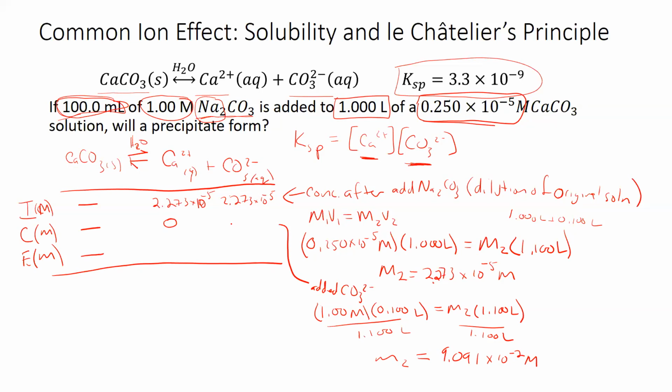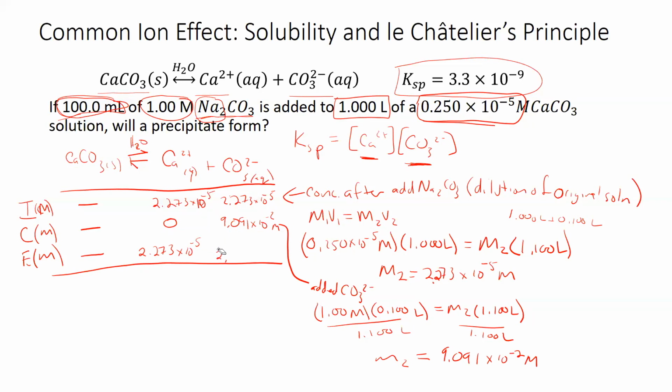molar. And so what we can do is see that we add in a concentration of 9.091 times 10 to the -2 molar carbonate when we add in this 100 milliliters of 1 molar sodium carbonate. And so at equilibrium, we have 2.273 times 10 to the -5 molar of the calcium, and excuse me, that's not right.